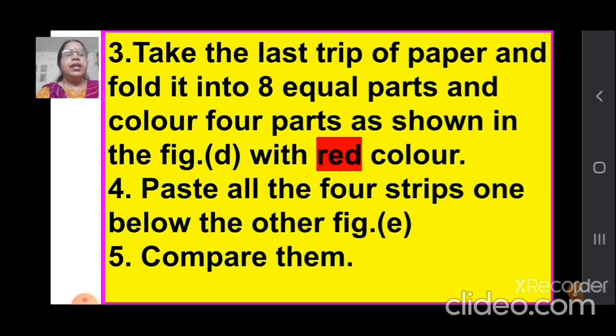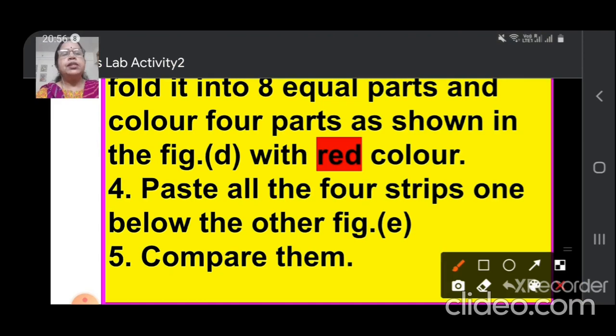Then paste all the 4 strips one below the other like shown in figure E, and then compare them. Here the points are not correct, you put the proper points.